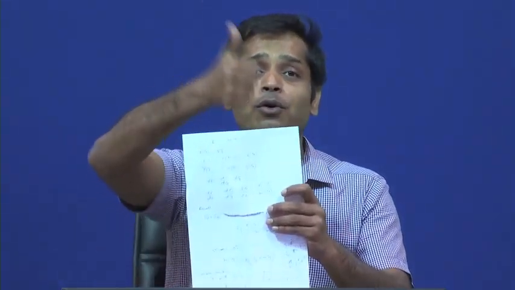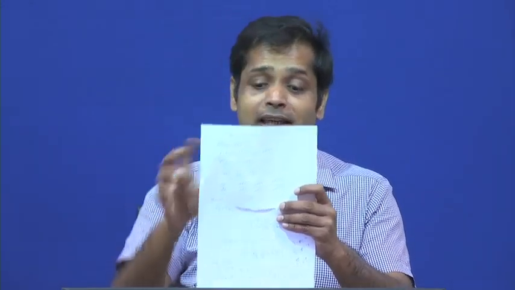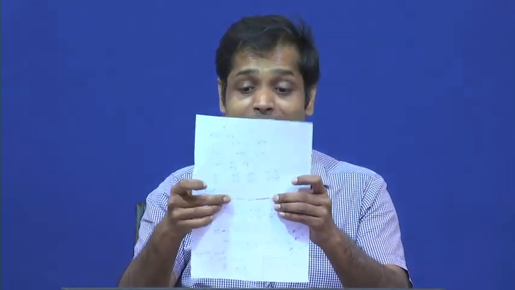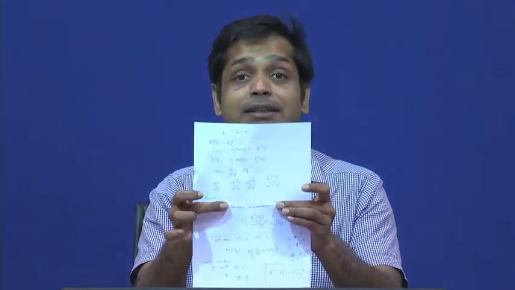Now, this happens irrespective of the amount of load you apply. If there is a crack, any tiny amount of load perpendicular to the crack direction causes infinite stress at the tip of the crack. Any non-zero value of sigma will cause infinite stress at the crack tip.